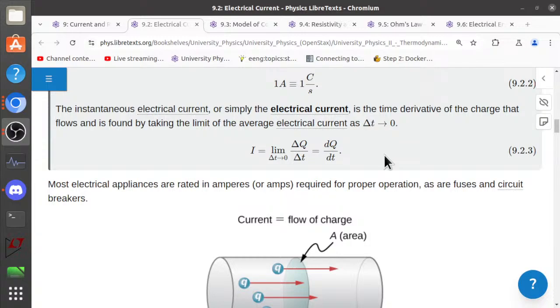Let's say from T1 to T2 it might be 1 second. That would be 1 coulomb per 1 second, which would be 1 ampere. But sometimes the current changes over time. What we then have to do is shrink the time span to measure the current.